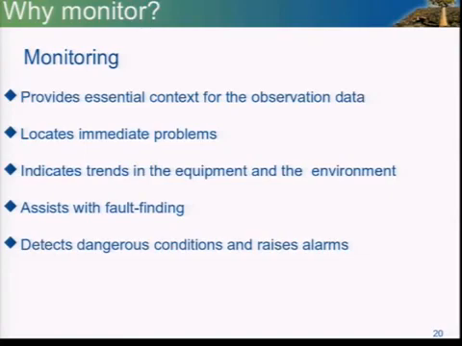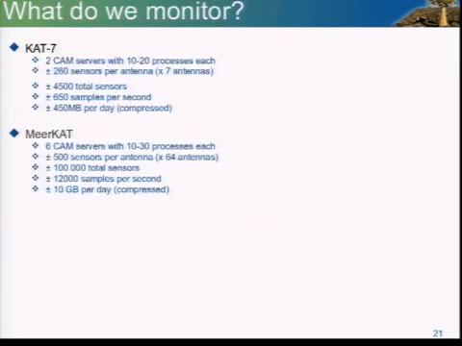If the cryo cooler fails, then we need to know about that. Pedestal doors are left open, and, for example, if the radio frequency power levels become too high in the amplifiers, then we need to know, because that degrades signal quality.